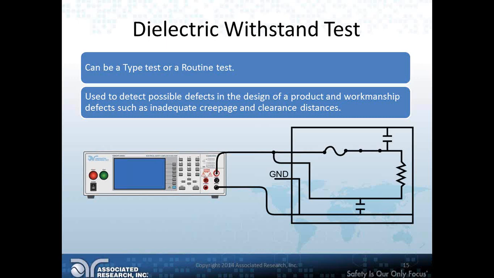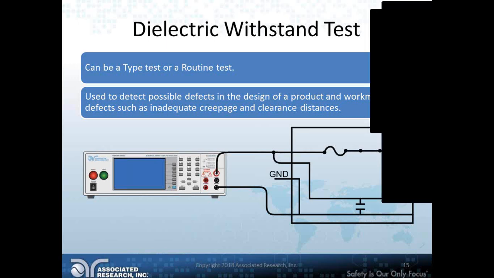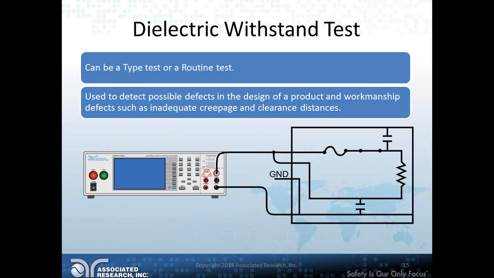In addition to overstressing the insulation, this test is also performed to detect material and workmanship defects, as I just talked about. Most importantly, it detects small gap spacings between current carrying conductors and earth ground.